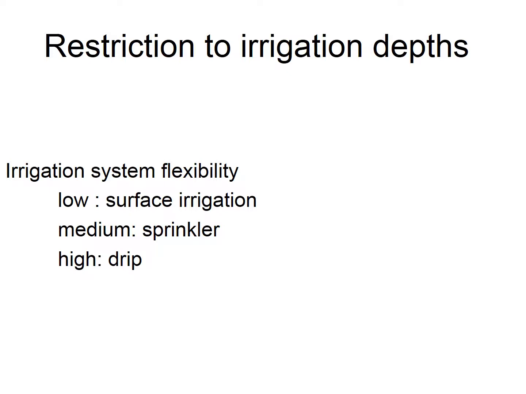The sprinkler systems have medium flexibility, and we can apply amounts as low as 10 millimeters in one irrigation up to more than 100. The highest flexibility is that of drip irrigation, where we can apply amounts as low as below 1 millimeter per irrigation.